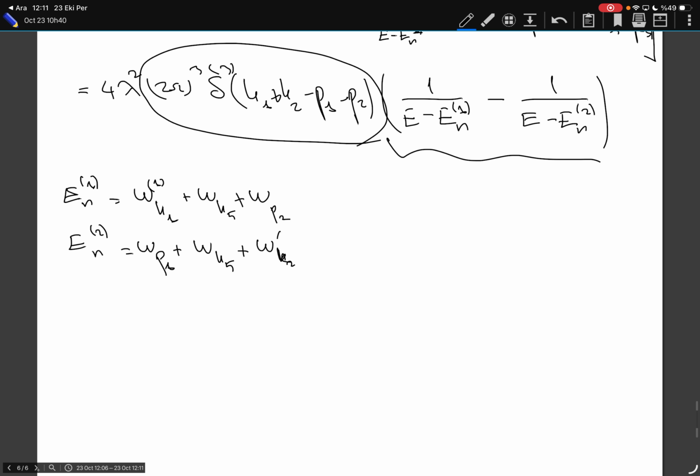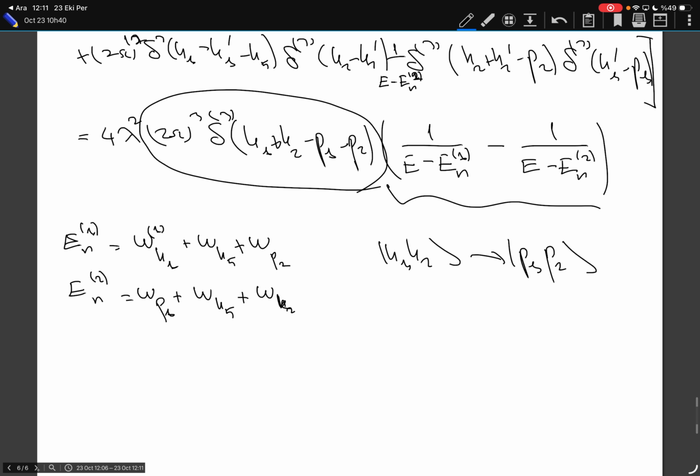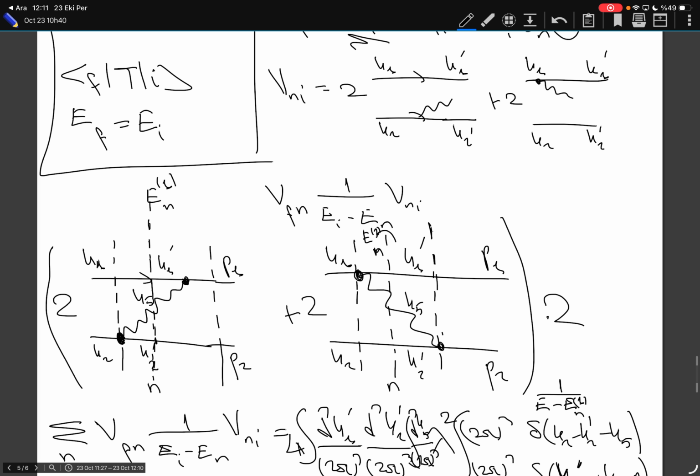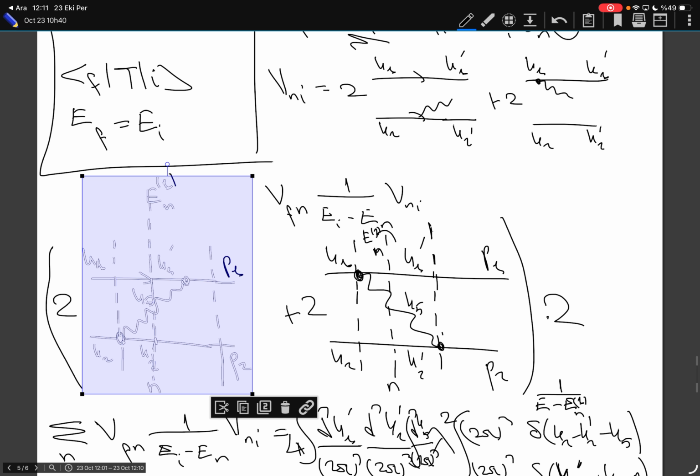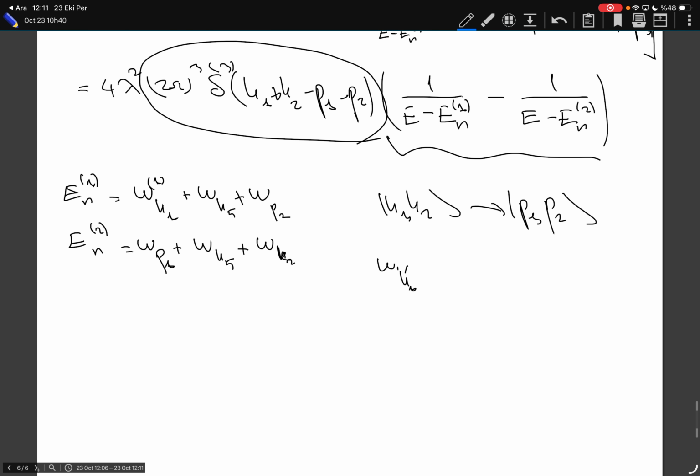Yes. P1 and P2 are the solid external legs of this diagram, right? They are not in the inside, so why do we have them as an energy? It should be K1, K5, and K2. No, you see, it will be omega k1 prime. If you look at the first term, for example, this one, yes. Here I have omega k1 prime. So there I should have omega k1 prime.